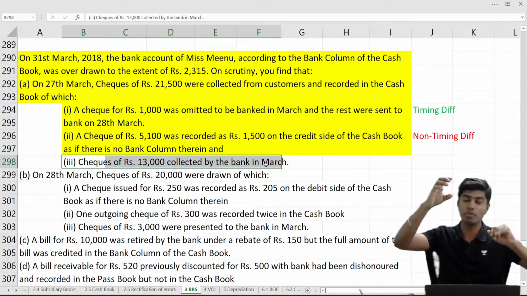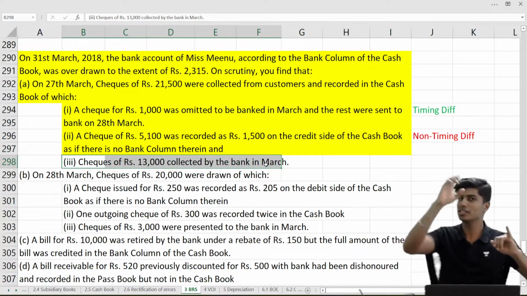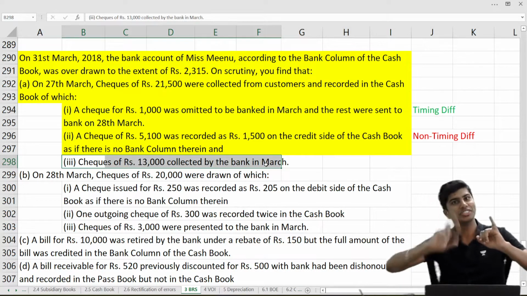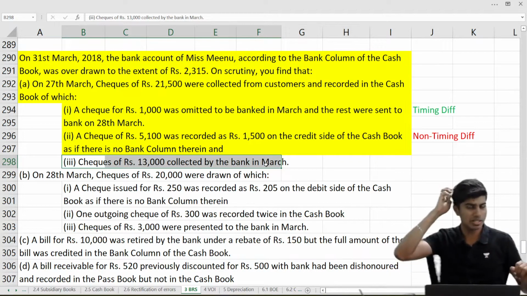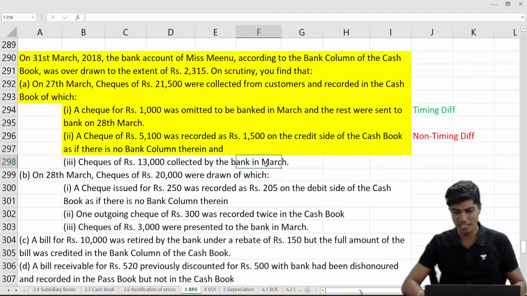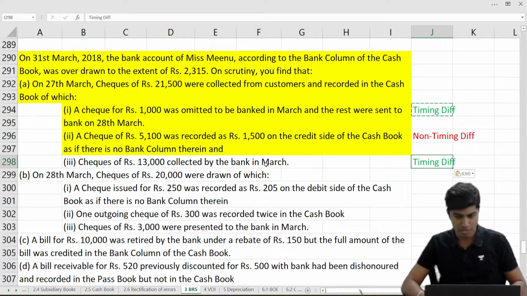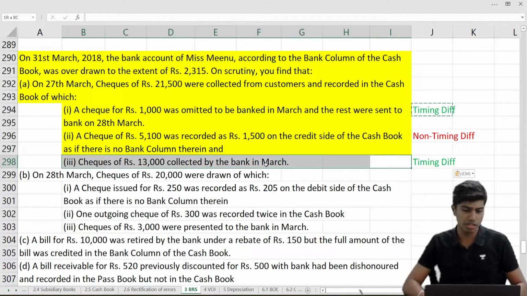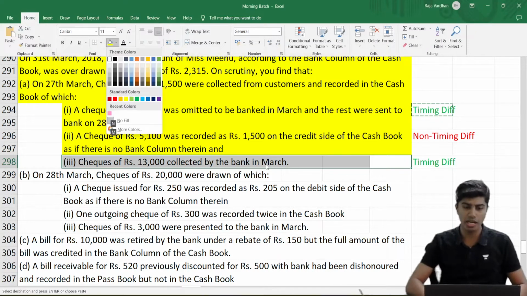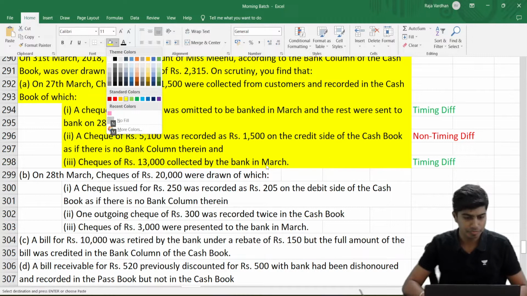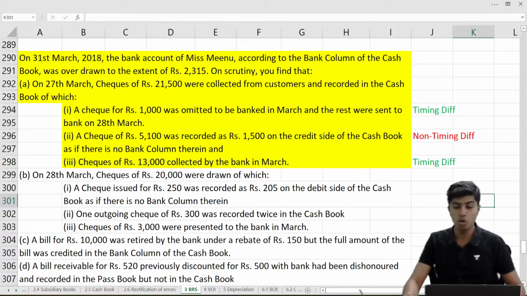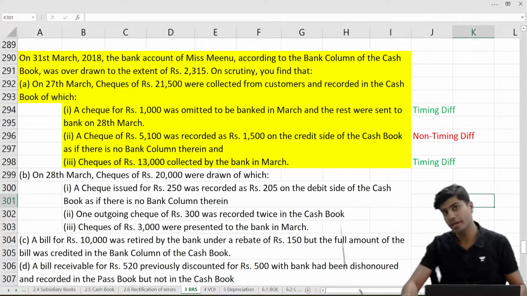But they have not cleared, so passbook has not increased. When making changes in cash book, you cannot see the passbook, so you would have to decrease. I would have to decrease my cash book balance. And this is a timing difference, guys. What type of difference is this? Timing difference. And because this difference is a timing difference, I would be correcting this in my cash book BRS.